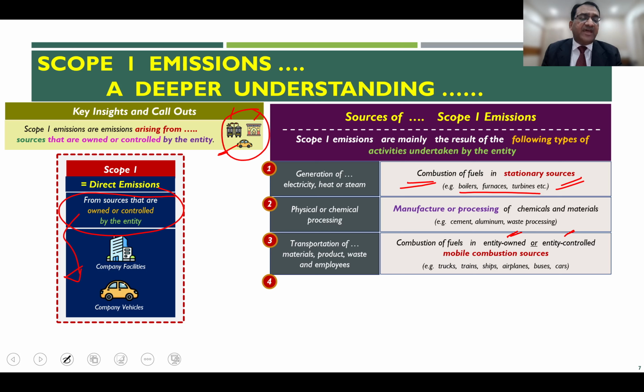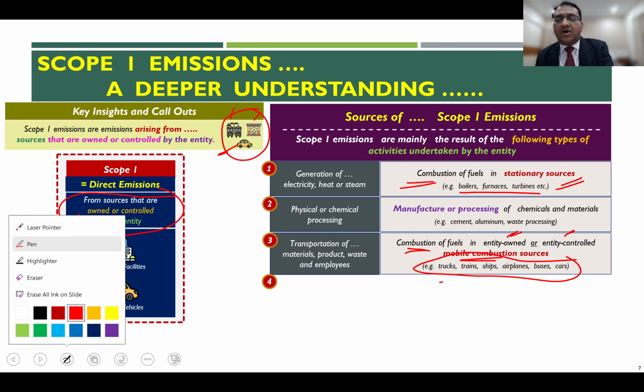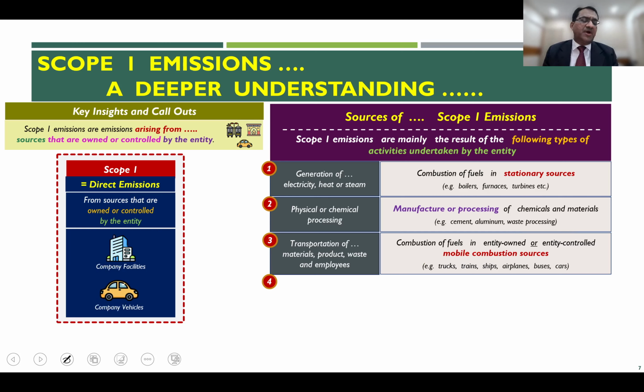And therefore, if there is a fuel being used in mobile sources, for example, trucks, trains, ships, all of these owned or controlled by the entity, then the emission arising on these vehicles will also form part of scope 1.